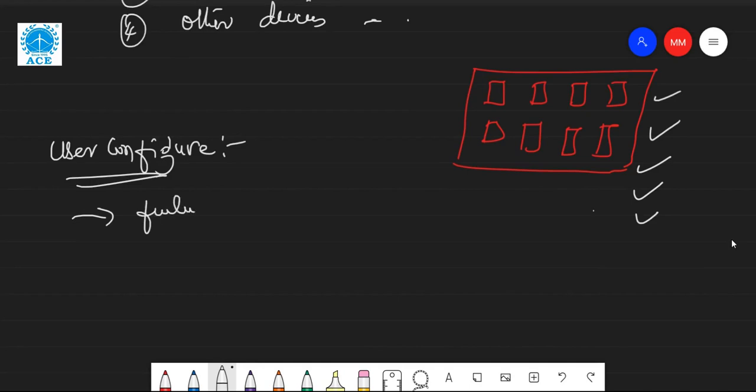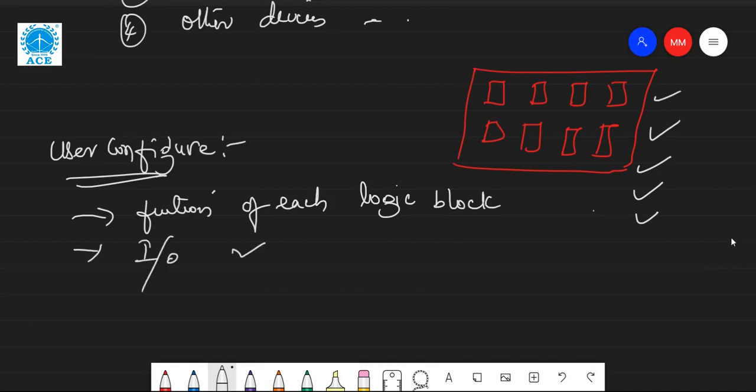Also the interconnections are programmed here. Generally interconnections are programmed with SRAM, which we will discuss also. Three basic concepts are used for interconnections. One is pass transistors, another is transmission gates, another is mux.